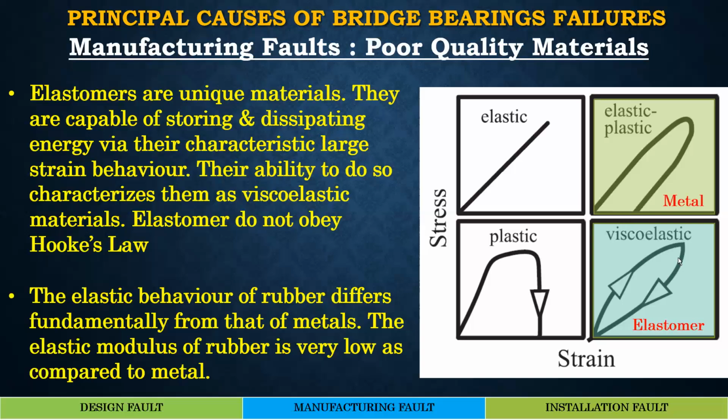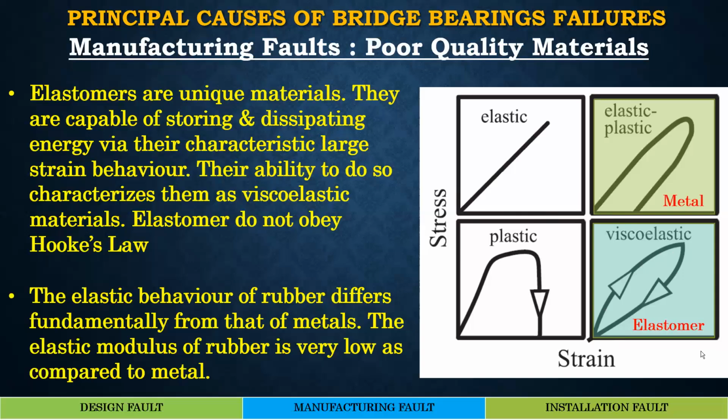Now, elastomer is such a material which is viscoelastic, where the stress strain diagram is not linear, unlike your elastic plastic material like metals. It is viscoelastic, it is a non-linear characteristic, but the beauty is when you release the forces, it comes back to its original position and there is no permanent strain.